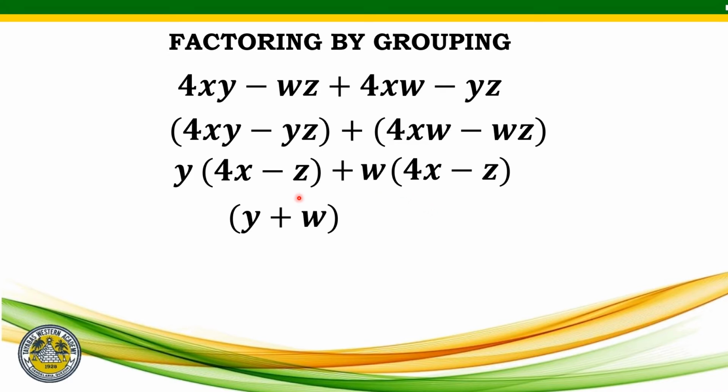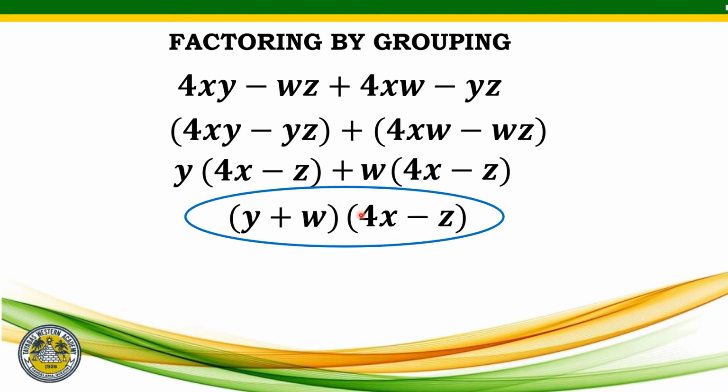The next is, parehas sila ng terms, parehas na may 4x, parehas na may z, kakopy lang natin yung isa sa kanila, which is the quantity of 4x minus z. So, our final answer is quantity y plus w times the quantity 4x minus z.